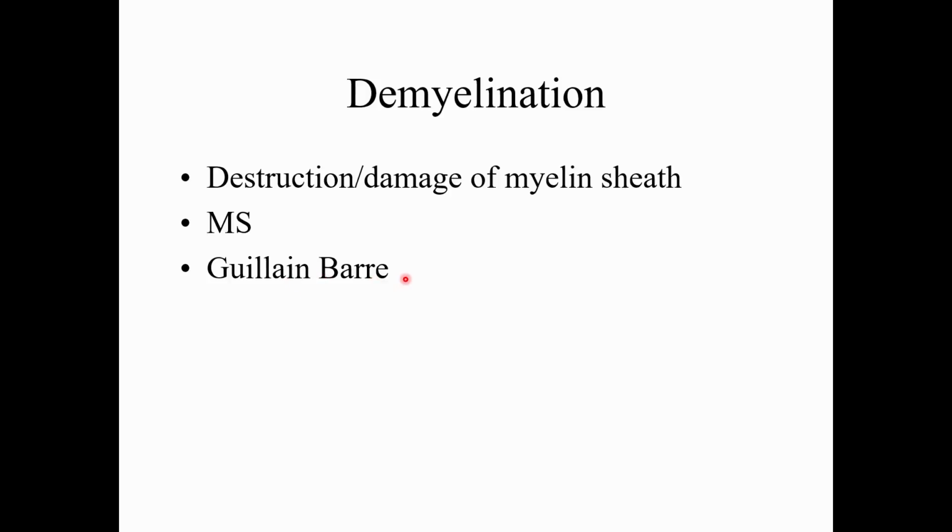Guillain-Barré is associated with some vaccines. I think when you get your flu vaccine, they'll ask you if anyone in your family's had Guillain-Barré. Guillain-Barré is demyelination of the peripheral nervous system, so that ends up in muscle weakness. MS is demyelination of the entire nervous system.